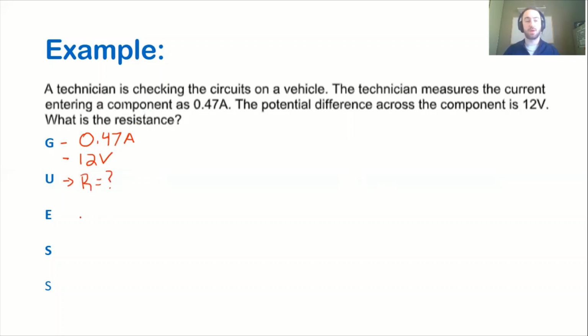What is the equation we're going to use? Well, simply put, we're going to use resistance is equal to volts over current. We're going to go ahead and solve. So again, resistance equals volts over current. And we have 12 volts over 0.47 amps. So resistance is equal to 25.5 ohms.